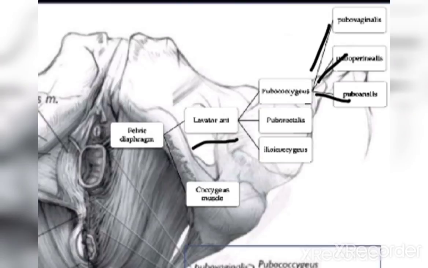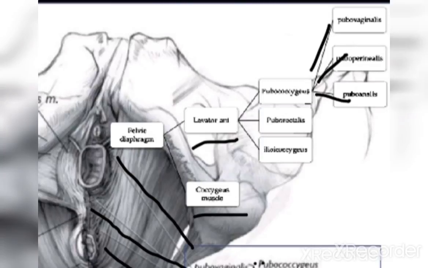Now the other muscle is the coccygeus muscle, which forms the pelvic diaphragm. See here also they have various muscles. This is pubovaginalis near the vaginal opening, puboperinealis near the perineal body, then puboanalis near the anal opening.